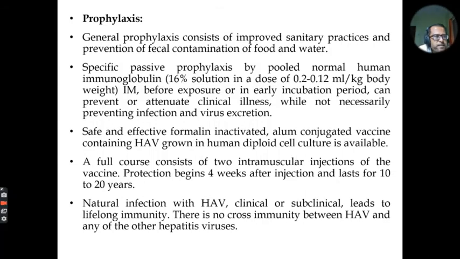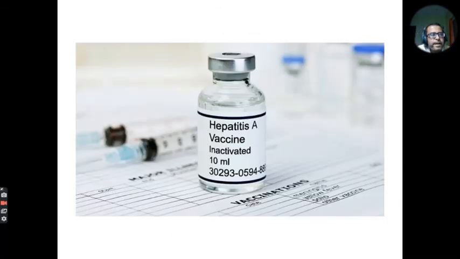Second, use of vaccines cultivated in human diploid cell cultures. These two measures help to avoid hepatitis A infection. This vaccine is used in 2 intramuscular doses, and it gives protection to those persons injected with it for 10 to 20 years.